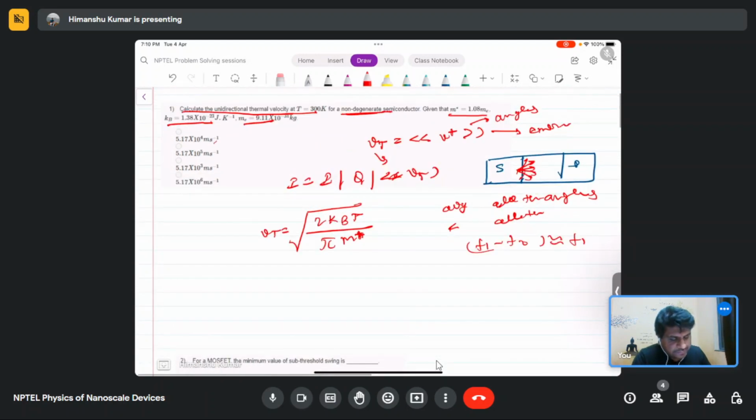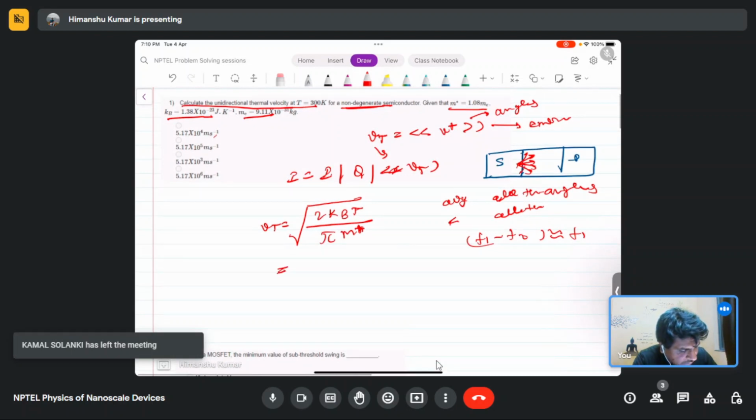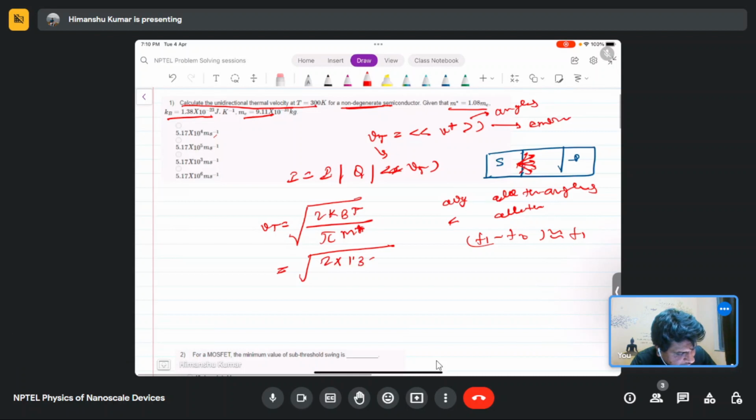Putting in all the values: 2 times 1.38 times 10 to the power minus 23, then kBT with T equal to 300 Kelvin, and m star is 1.08 multiplied by 9.11 times 10 to the minus 31.